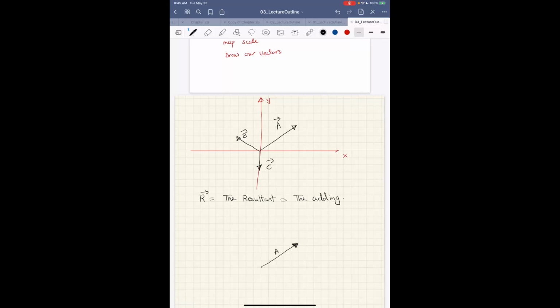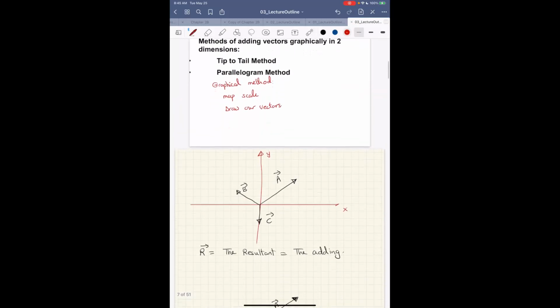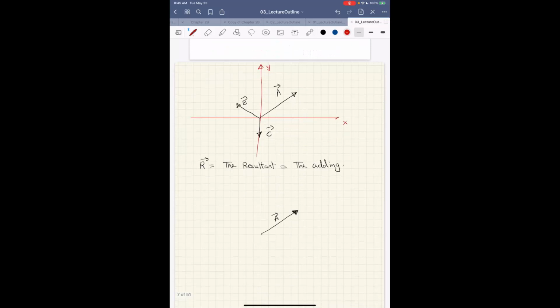Then I will draw my first vector, keeping its magnitude and direction. This is my A. This is the reason why it is called the tip to tail method, because I will bring my B and its tail is going to touch the tip, or the head, of A. And then finally, I'm going to draw my C, which might be something like this.